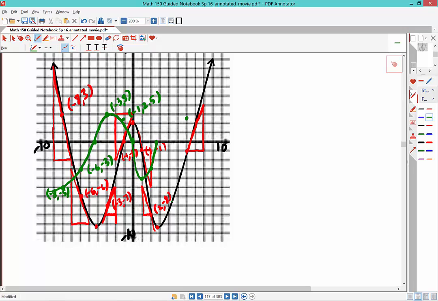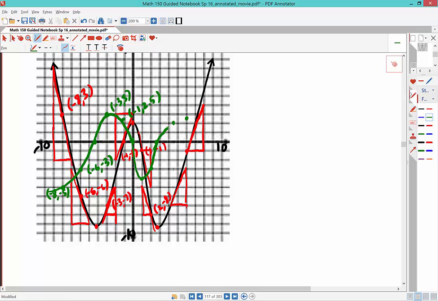And then if we looked more over here, that's about halfway in, this would be 1, 2, 3, 4, 1, 2, so about 2, something like that.